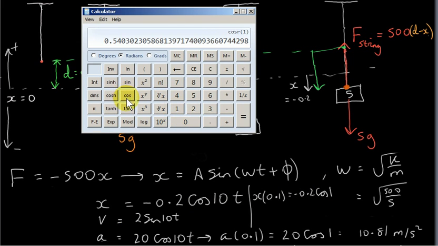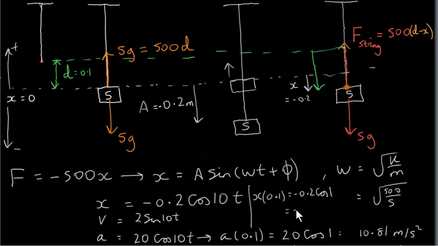We get the cos of 1 radian and multiply it by 0.2. Well, it's minus 0.2, so we get minus 0.1 approximately. So the position is negative. This sign is important. It's negative, which means that at t equals 0.1, the mass is below the equilibrium position. So everything we have done is valid. For later times where the mass passes through its equilibrium position, then we don't have simple harmonic motion. The string becomes slack.